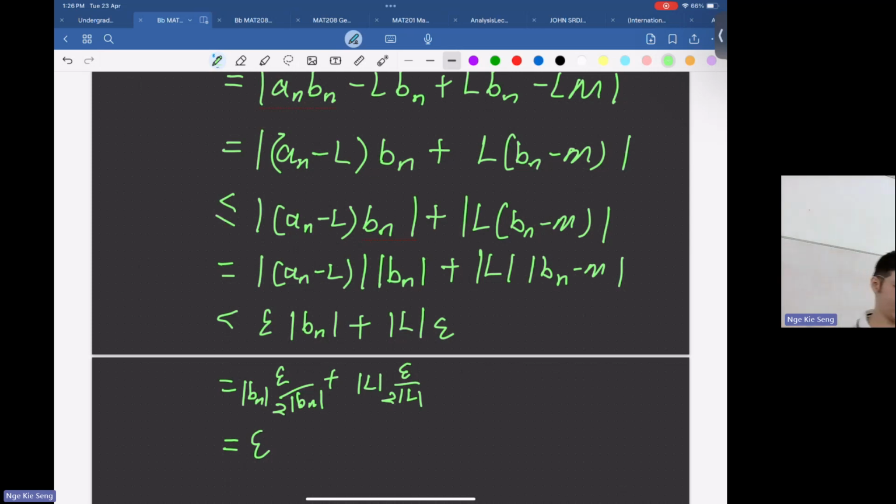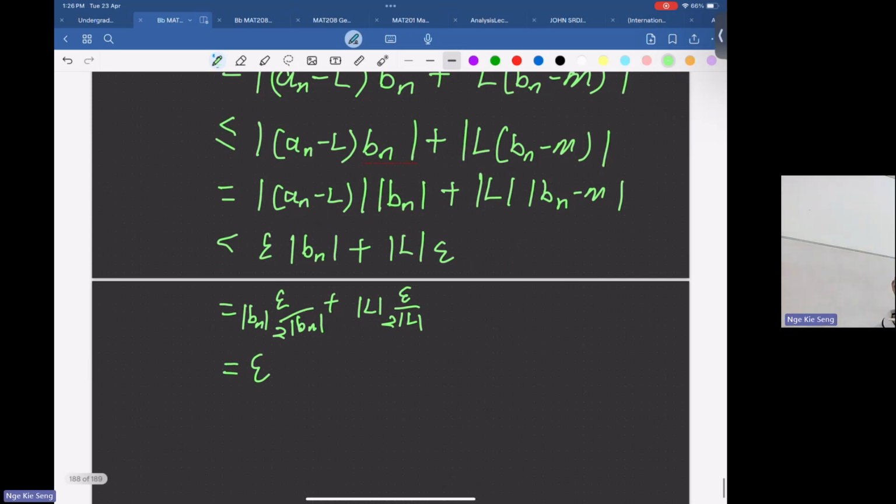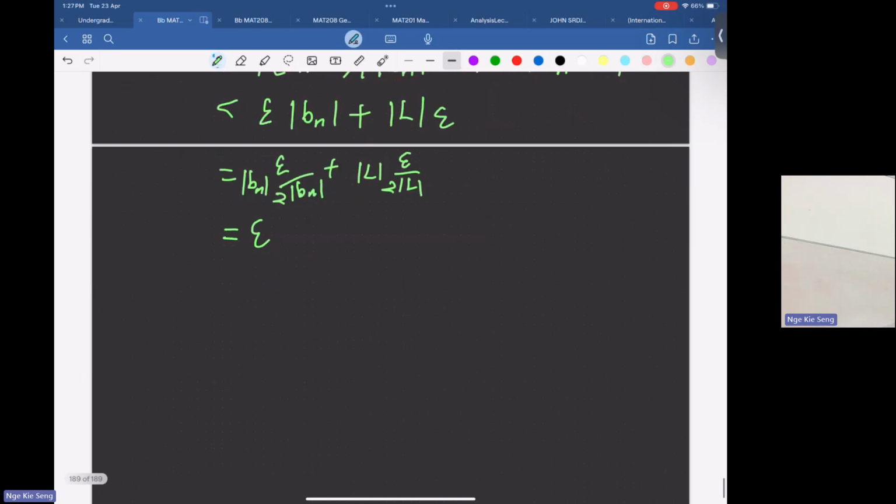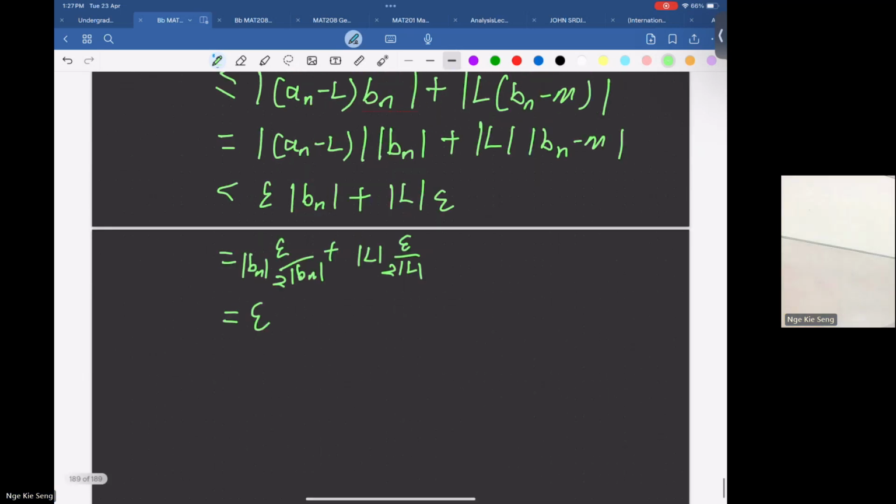I want to bound from the top. Right, so let me see. So I ask a question here. Let me put a question here. Can I bound bn from the top?